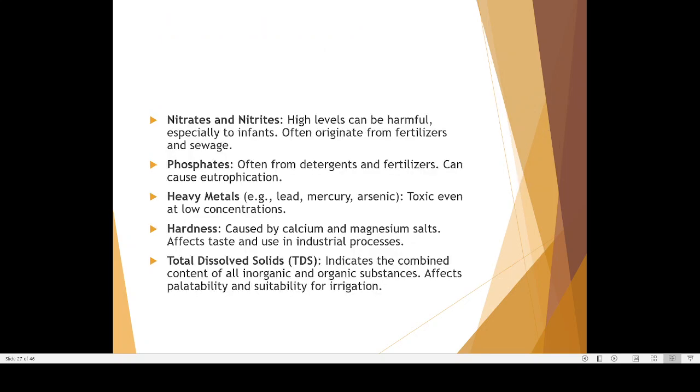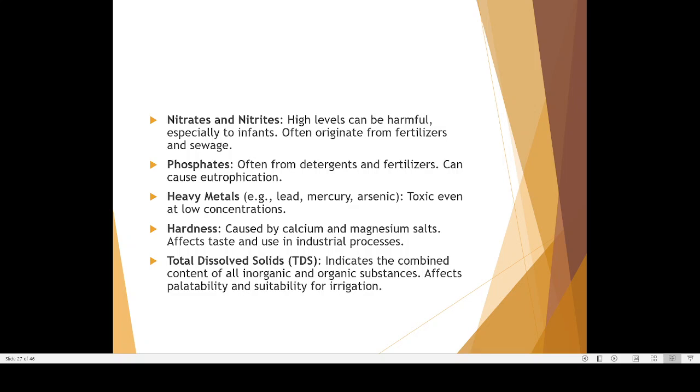Then we have some more substances: nitrates, phosphates, heavy metals, etc. High levels of nitrate and nitrite are both harmful to infants. Sometimes groundwater may contain a lot of nitrates or nitrites. If children, especially young babies, take this, it can be harmful for them.